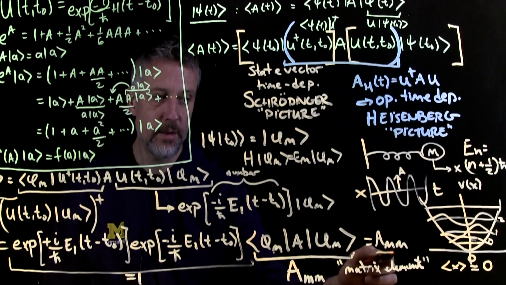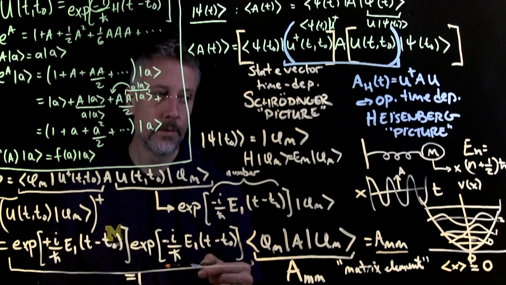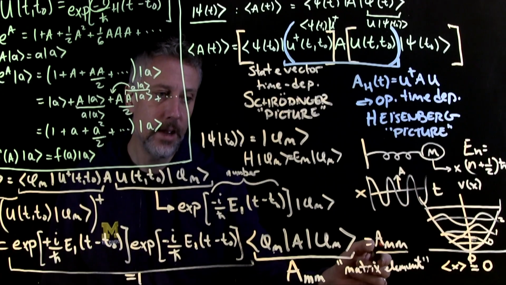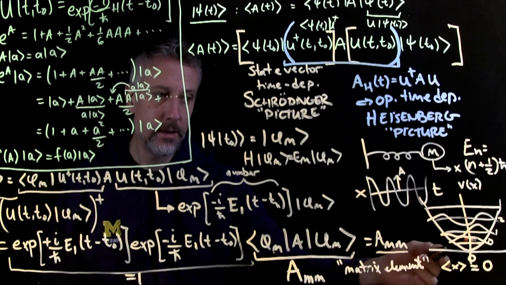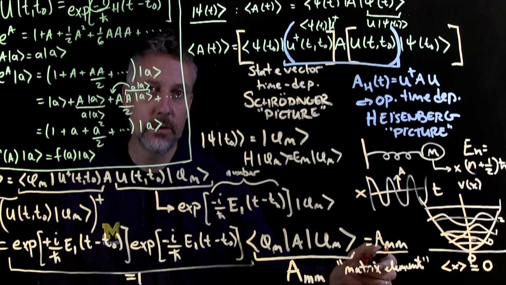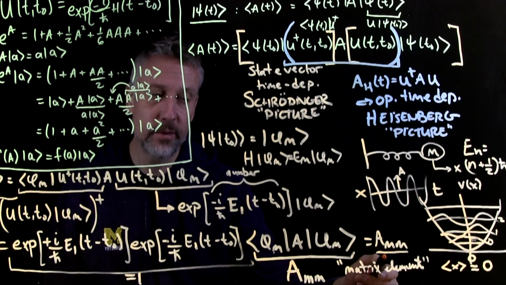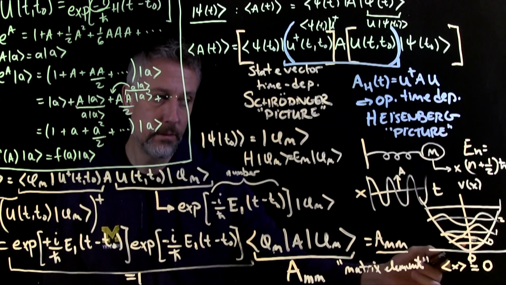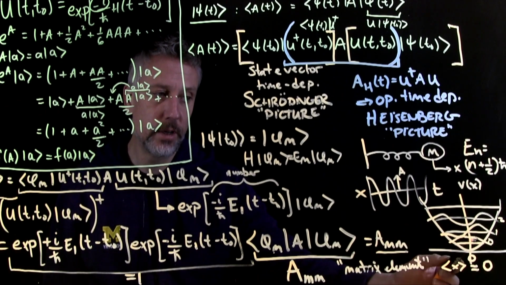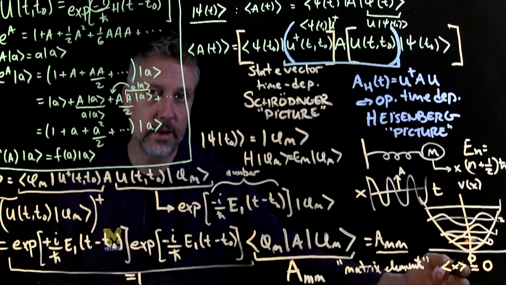That's what A_MM would be. If A is X, MM means the expectation value of X, provided you're in the state M, whatever that happens to be. So if M is 0, it'll be the expectation value of X to be in the 0 state, right?